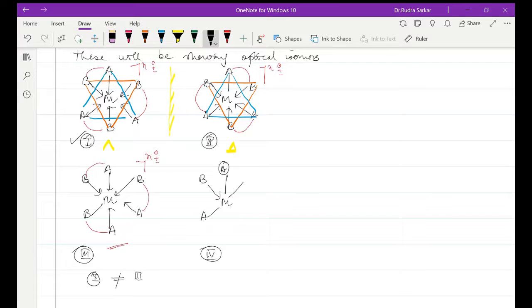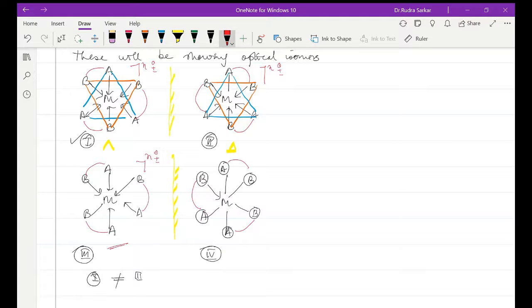So this is A, this is your B, you have another B out here, and then A out here, and there is another A. Okay, this is the B and this is the A. So if you imagine one mirror plane dividing these two molecules 3 and 4, and now if we connect as before, this is the connectivity like that and like that.